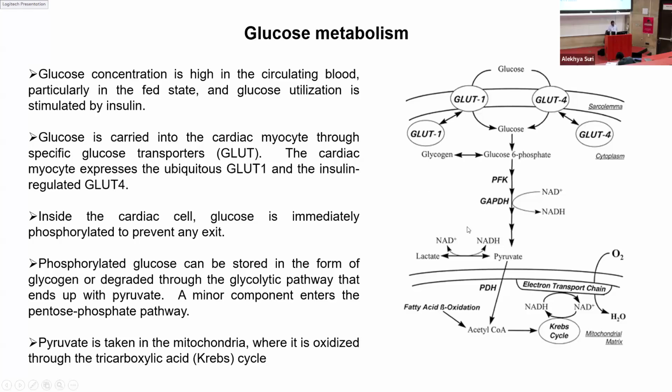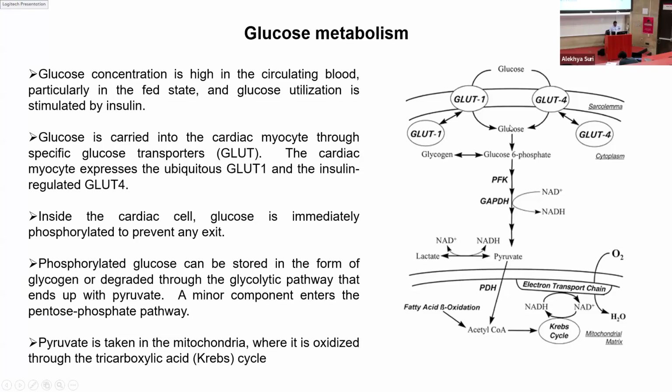And usually GLUT4 is stored in the endosomes. And once the glucose level goes up, the insulin will stimulate GLUT4 to be recruited to the plasma membrane, and thereby it will enhance the glucose utilization. So both GLUT1 and GLUT4 will be recruited more to the plasma membrane when the glucose level goes up, and thereby it will bring the glucose inside.